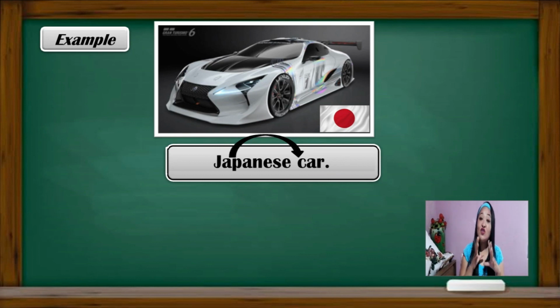But the word Japanese is formed from the noun Japan, isn't it? So such adjectives which are formed from nouns are called what? Proper adjectives. Okay, well, so today we studied 10 types of adjectives.